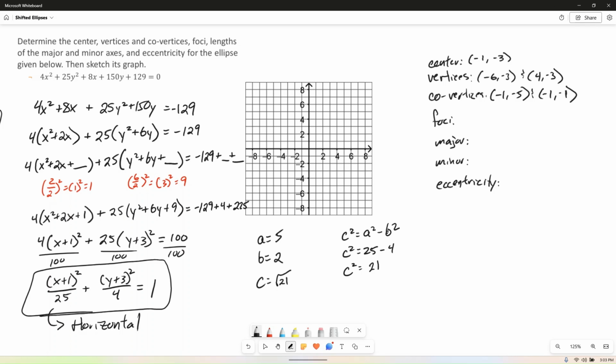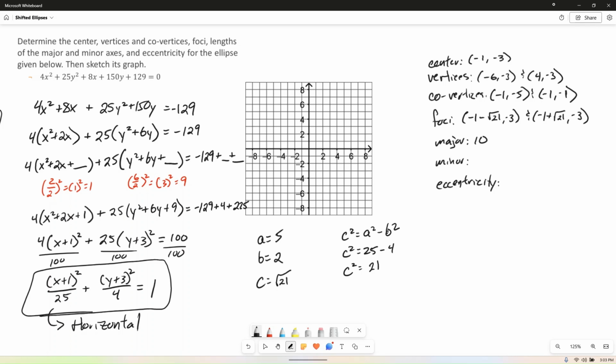The foci are going to be the square root of 21 to the left and to the right of the center. So that's going to be -1 minus the square root of 21, -3, and -1 plus the square root of 21, -3. And again, I'm only adding that in the x coordinate because this is a horizontal ellipse. The major axis is 2 times A, because this is a horizontal ellipse, so the major axis is going to be 10.